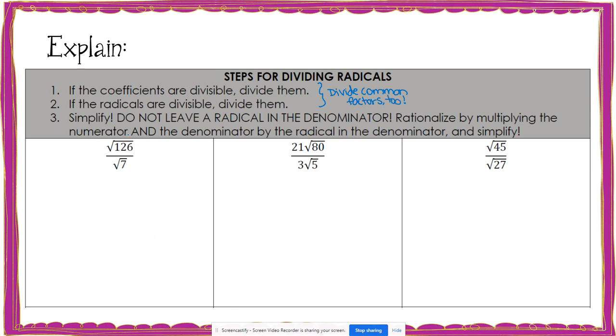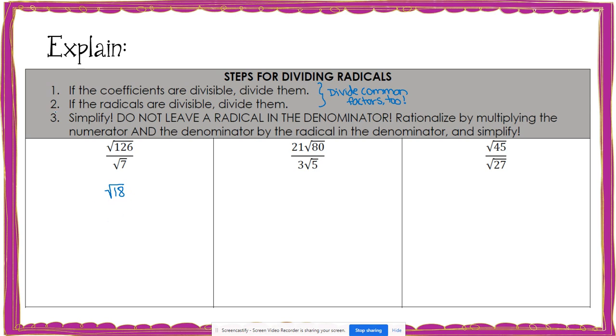So let's start with the square root of 126 over the square root of 7. We know that this fraction bar tells us to divide. Well, if I divide 126 by 7, I am going to get 18. Now, remember, these are both inside radicals, so I'm not really getting 18. What I'm really getting is the square root of 18.